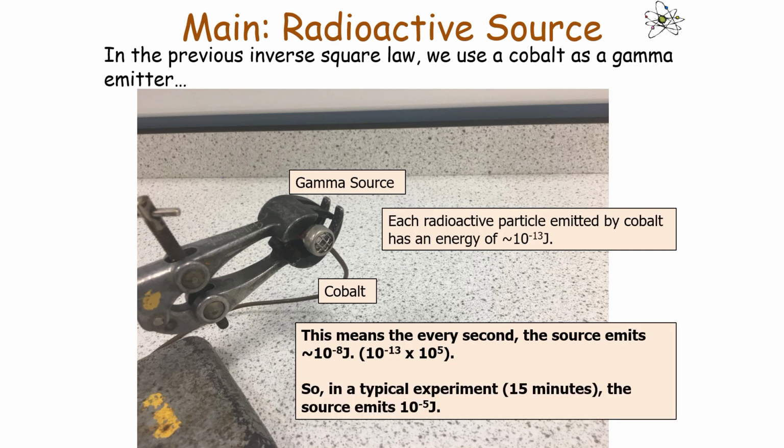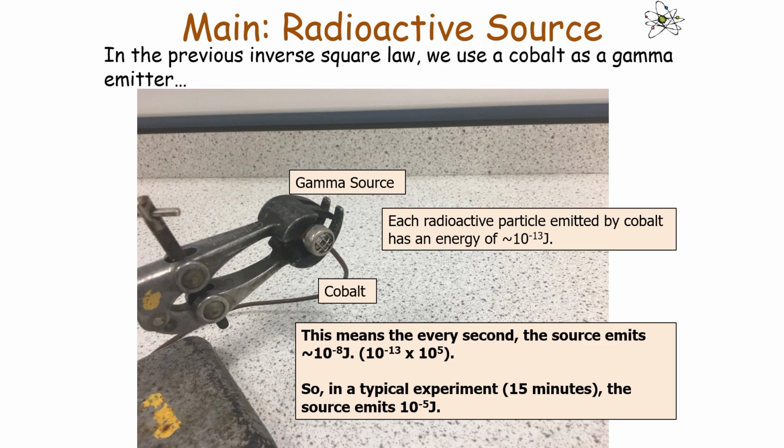Each radioactive particle emitted by cobalt has an energy of about 10^-13 joules, so every second the source emits about 10^-8 joules, because each particle has an energy of about 10^-13 joules and 10^5 particles are emitted every second. So in a typical experiment you carry out in school, the source will emit about 10^-5 joules.